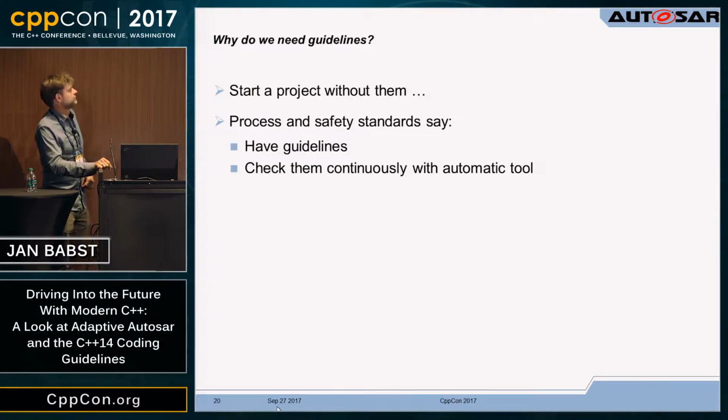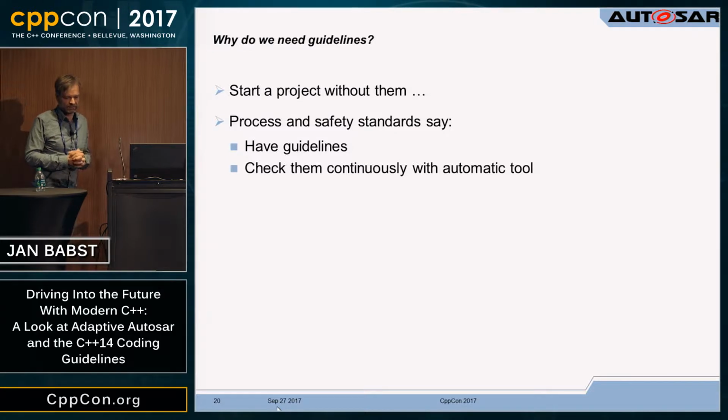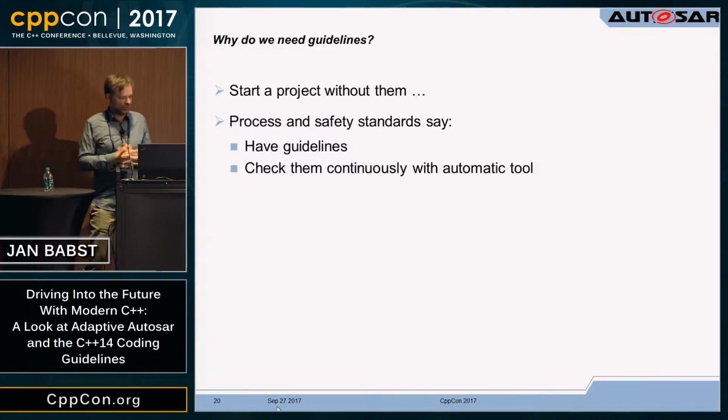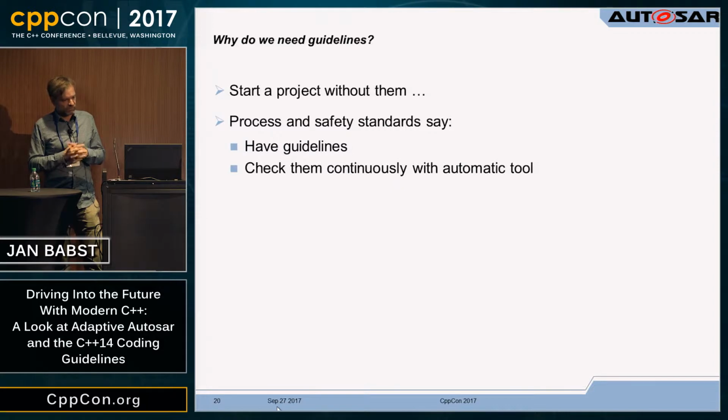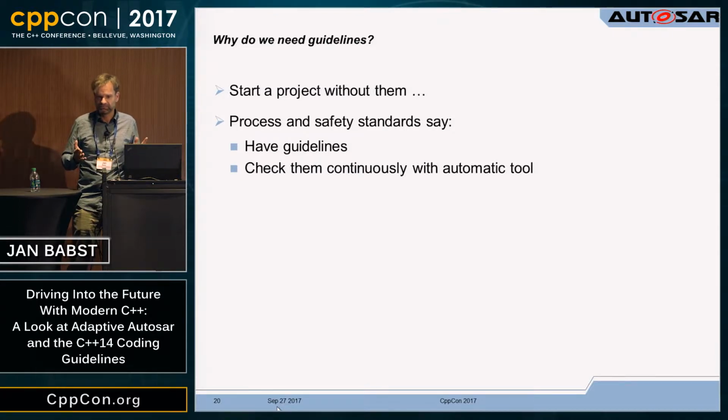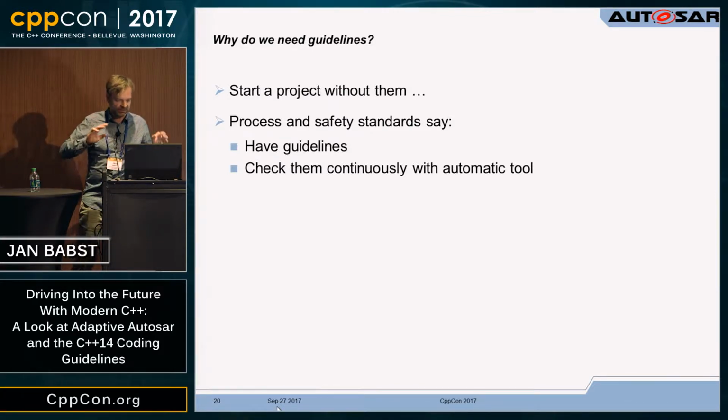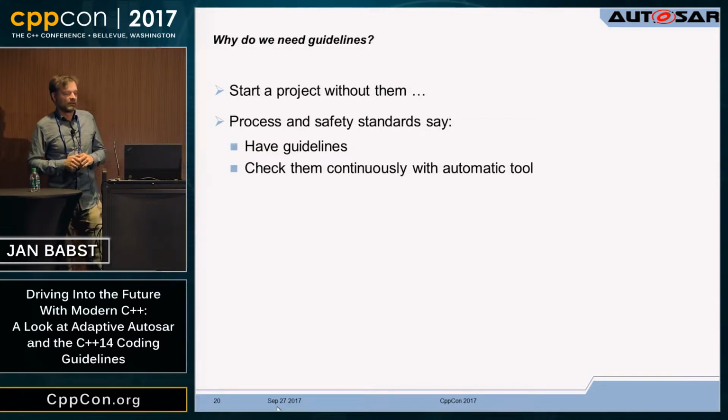So, why do we need guidelines? Just start an experiment. Start a software project without them. The first people who ask you, where are the guidelines, are the developers. They want to know, often they only want to know, do I have to write camel case or Pascal case or snake case?